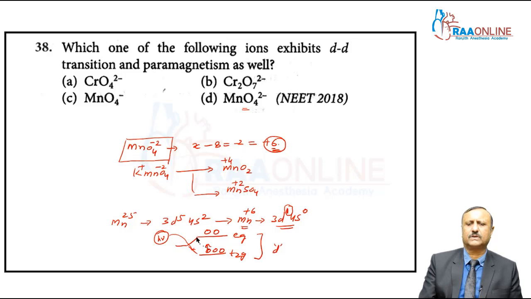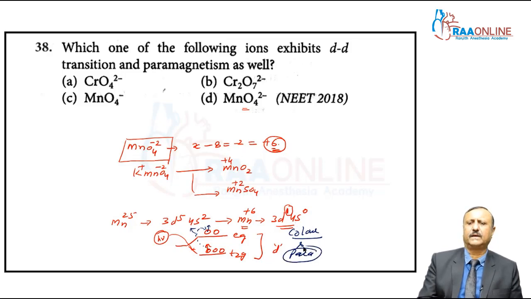When the electron goes to the Eg orbitals, it accepts energy and emits a different energy, so it forms a color. And due to the presence of 1 unpaired electron, it shows paramagnetism, color and paramagnetism.